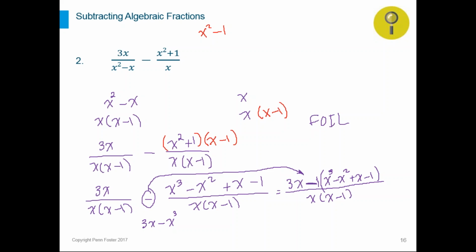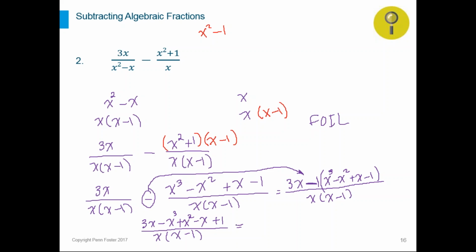And then negative 1 times negative x squared is positive x squared. And then negative 1 times positive x is minus x. And then plus 1, because negative times negative is positive. And then I have to divide over x times x minus 1, our common denominator.